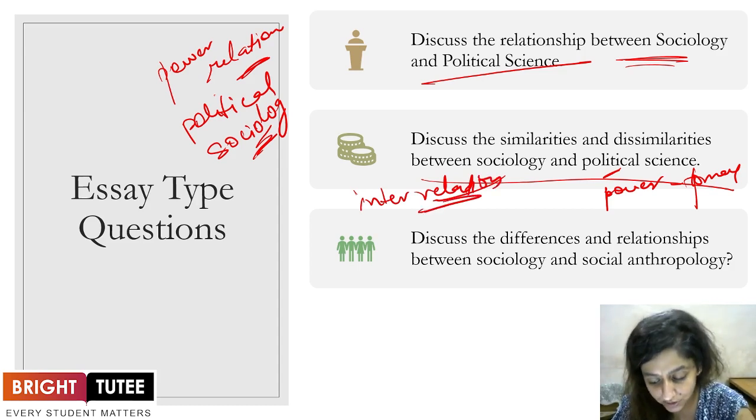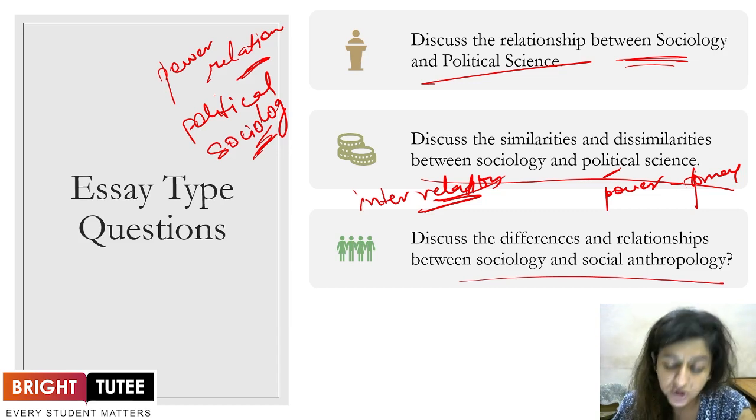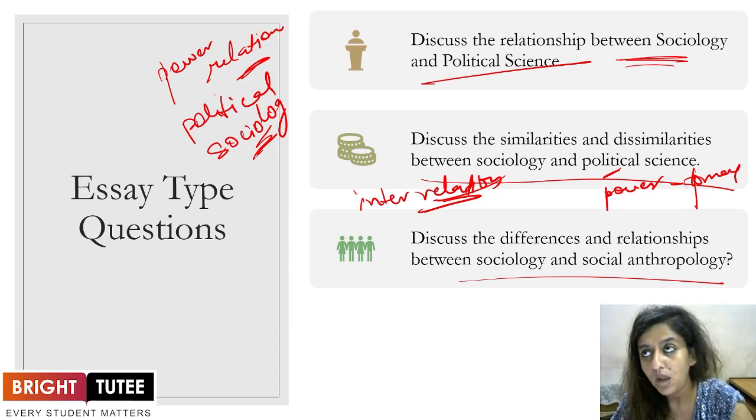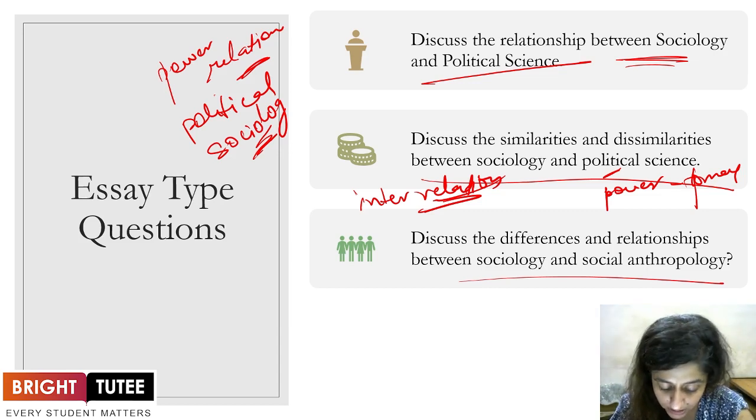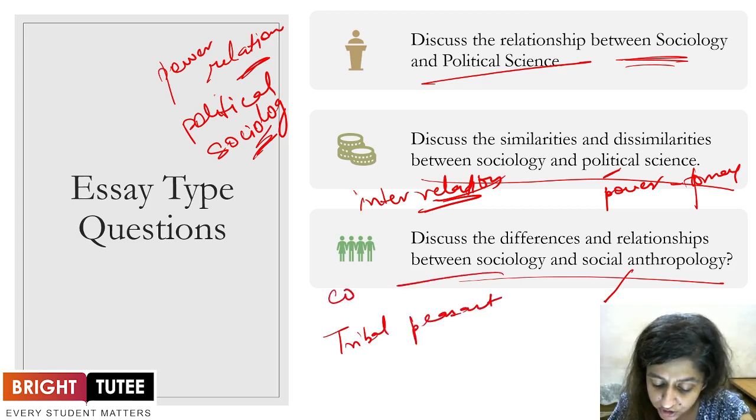Moving on, discuss the relationships and the differences between sociology and social anthropology. Social anthropology and sociology are very close-knit terms. The differences are that social anthropology is the study of tribals and peasants, as we have just talked about in the previous slide, while sociology talks about complex, modern, urban societies.